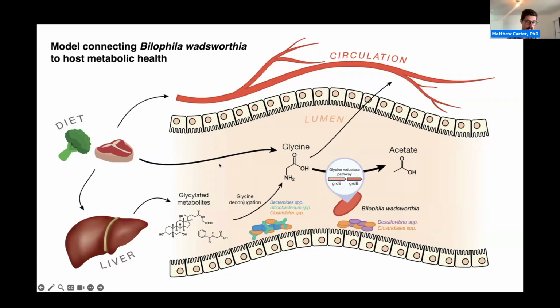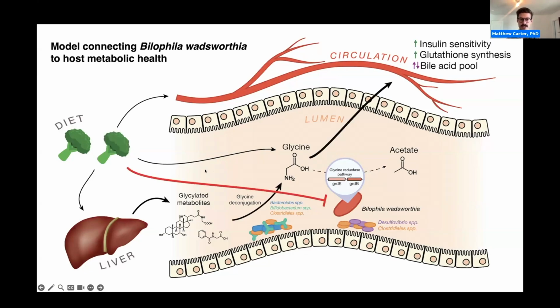And then potentially in our data, when you adhere to a vegan diet, we saw this decrease in the abundance of Bilophila wadsworthia. This results in a reduced flux of glycine through this pathway, resulting in potentially more glycine that could then enter circulation, which might have beneficial knock-on effects, which is what the epidemiological evidence suggests.